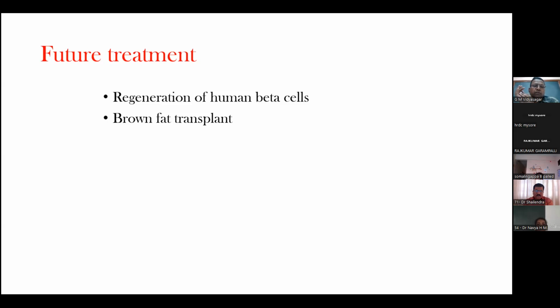Therefore, in some laboratories, universities and research institutes in Western countries, research is going on the regeneration of human beta cells. Human beta cells and some animal beta cells have also been identified, and replacement of beta cells may take place probably in another few years. So this also may come into practice.